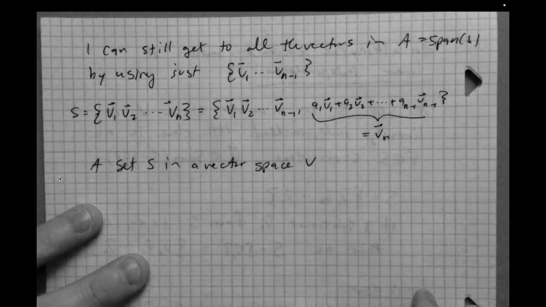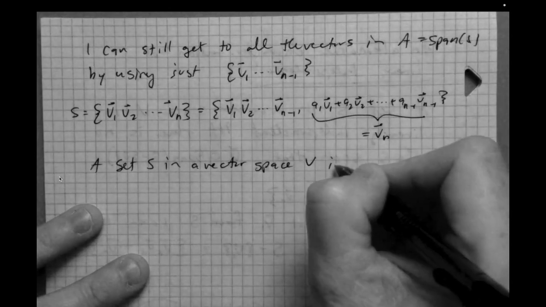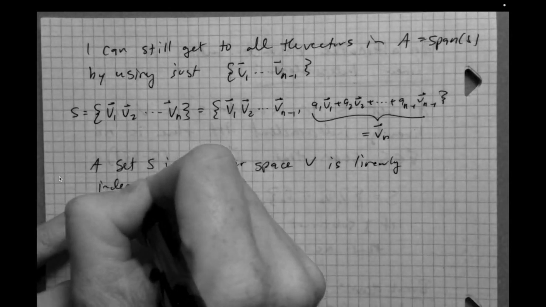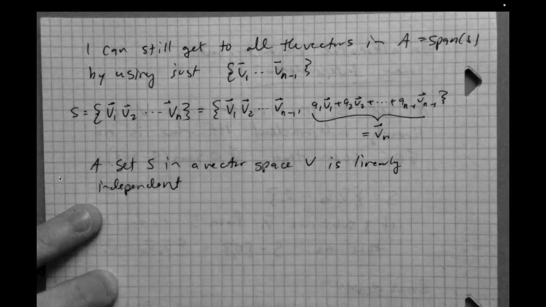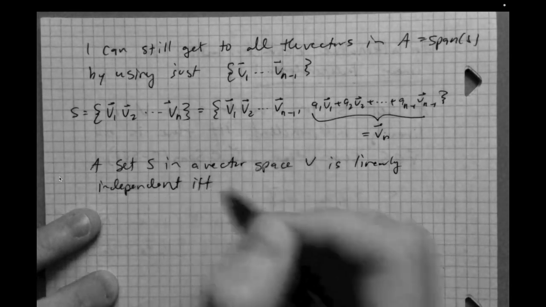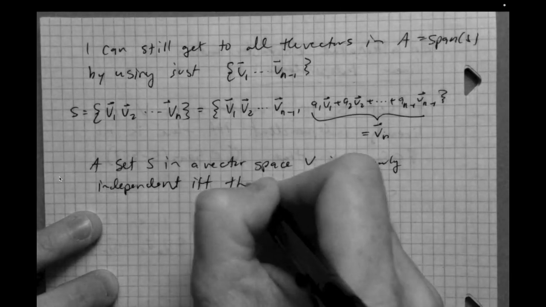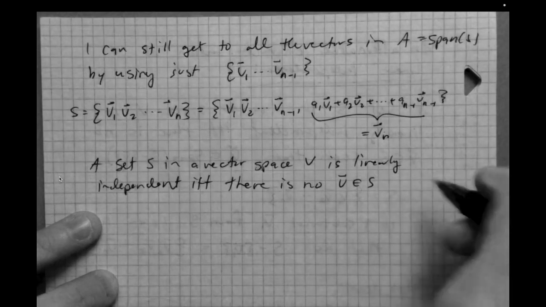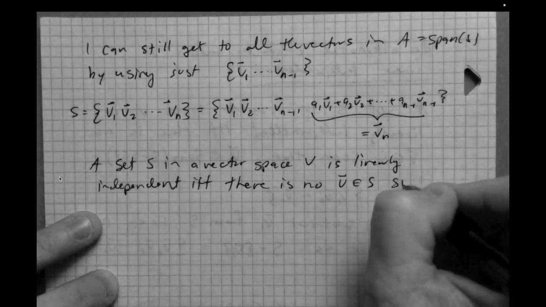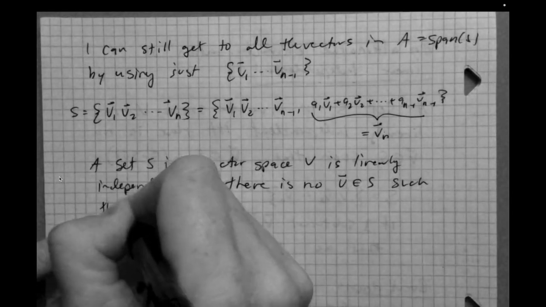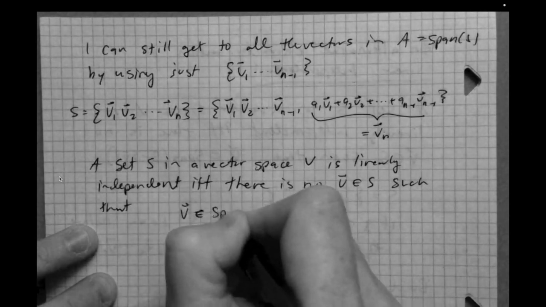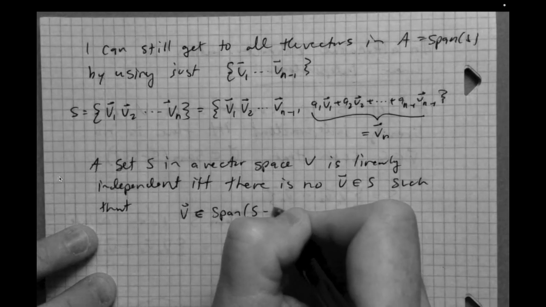A set S in a vector space V is linearly independent if and only if there is no V in S such that V would be in the span of S minus V.